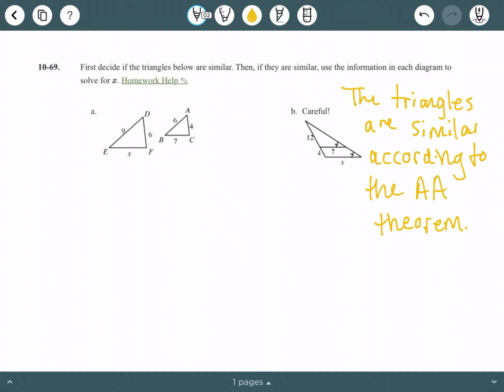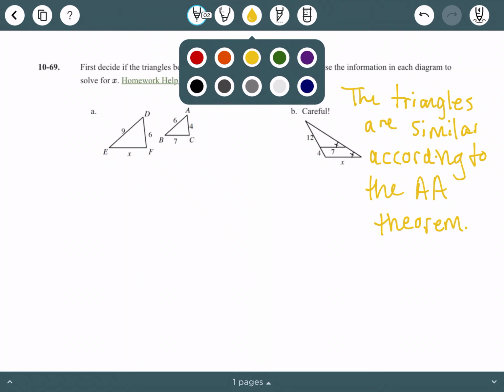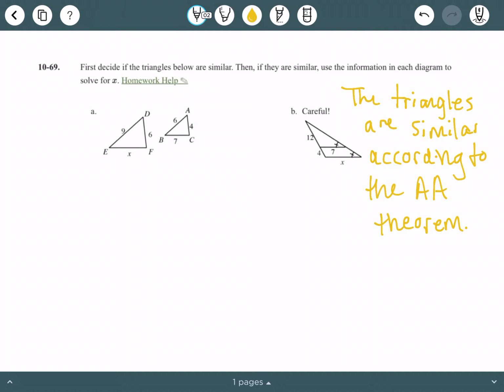So again, we can set up another proportion for this. Let's go ahead and take a look at some sides here. So you can see in the larger triangle, my length here is going to be 16 total, because this, oops, let me switch back to my pen.